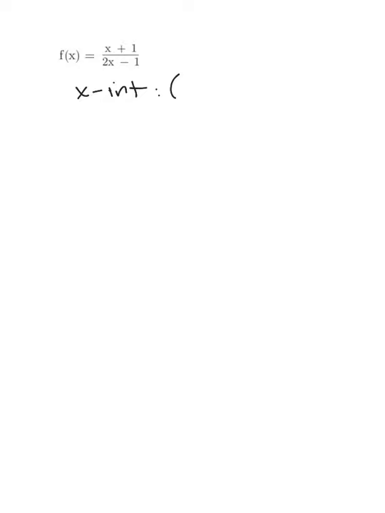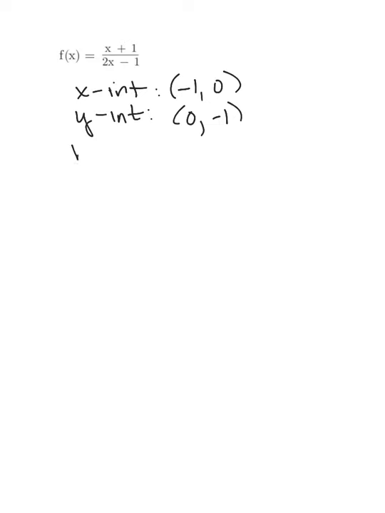So your x-intercept is the point (-1, 0). For your y-intercept, put 0 in for x. If you put 0 in where the x's are, you will get the answer of negative 1.